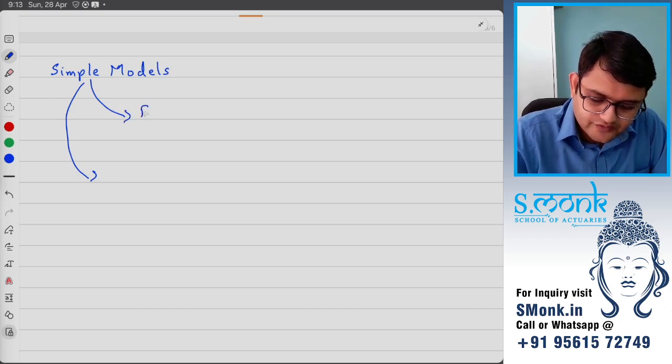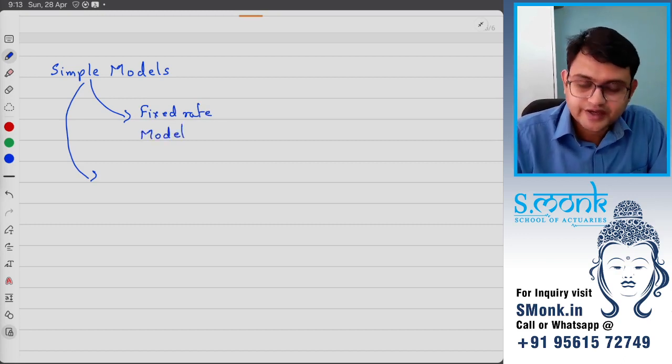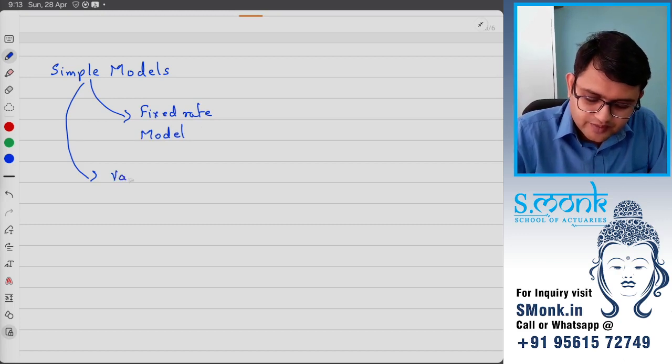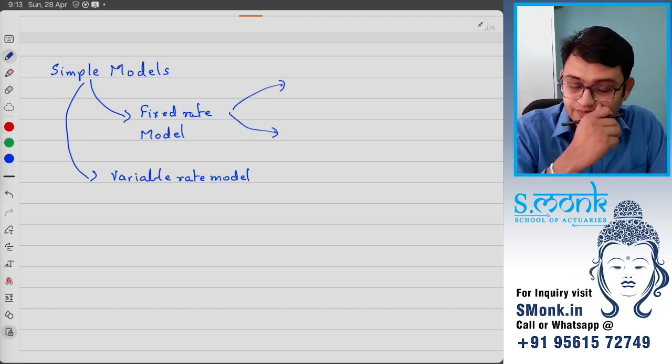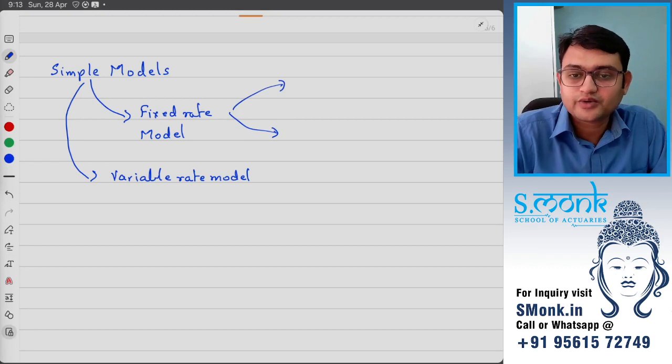We had fixed rate model, that is what we were studying right now. The second was variable rate model. In the fixed rate, we studied two ways of calculating the accumulated amount.